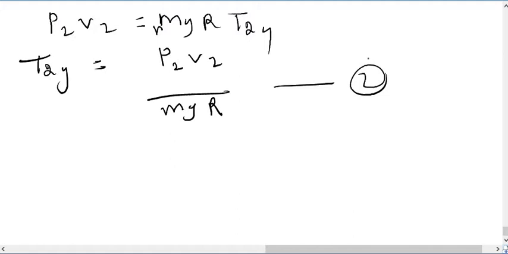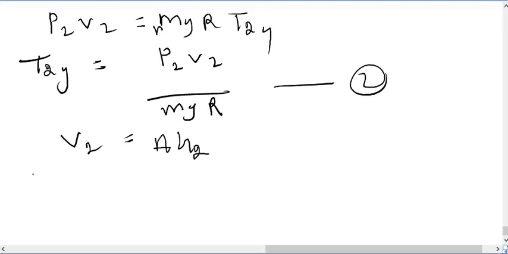Let me leave it as equation 2 because my unknowns are T2 and H2. So this volume V2 is equal to the area times H2.